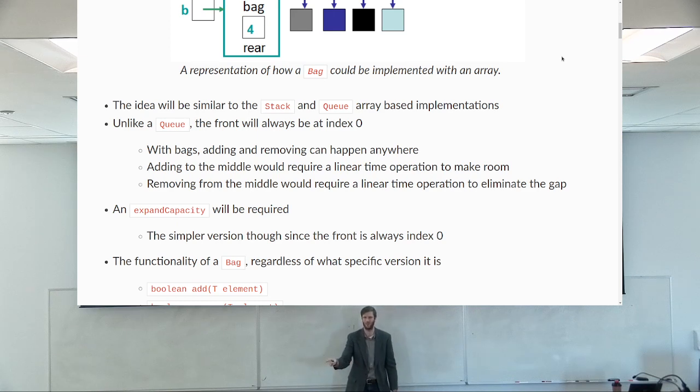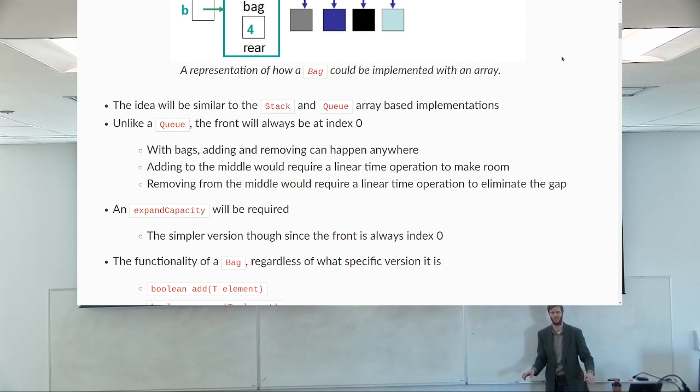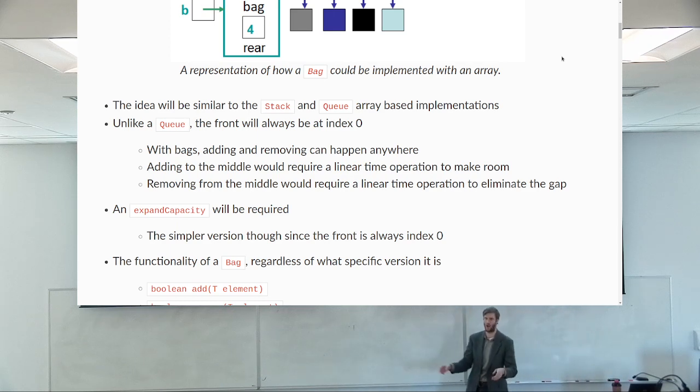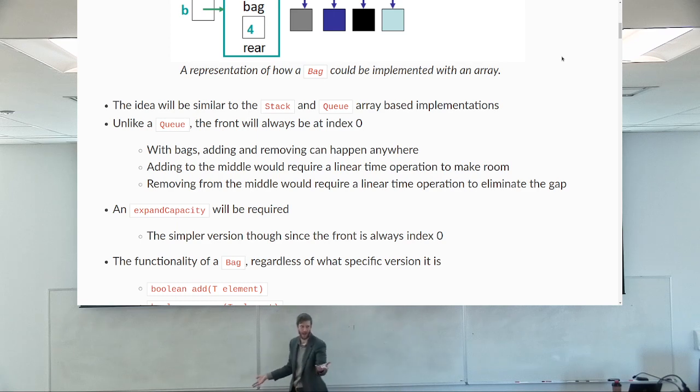What's the computational complexity of shuffling down from an arbitrary position in that array? Who can tell me? Because you have to move everything in the array. Yeah, because we can think of the best case scenario: I remove the thing at the end. Nothing needs to be shuffled down. Worst case scenario, I remove the thing at the very beginning, kind of like the array queue.